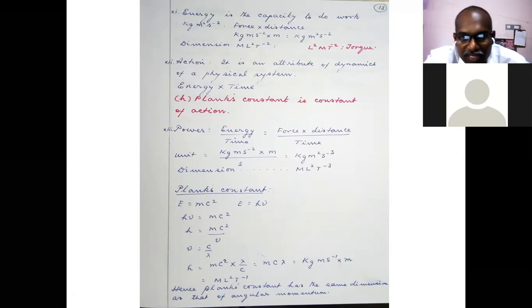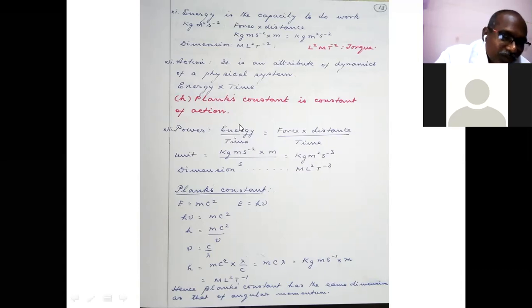And coming back to the dynamical variables, what is power? Power is energy per time, energy consumed per time. What is energy? Force multiplied by distance. That is work, or that is energy. Force multiplied by distance by time. What is the unit?